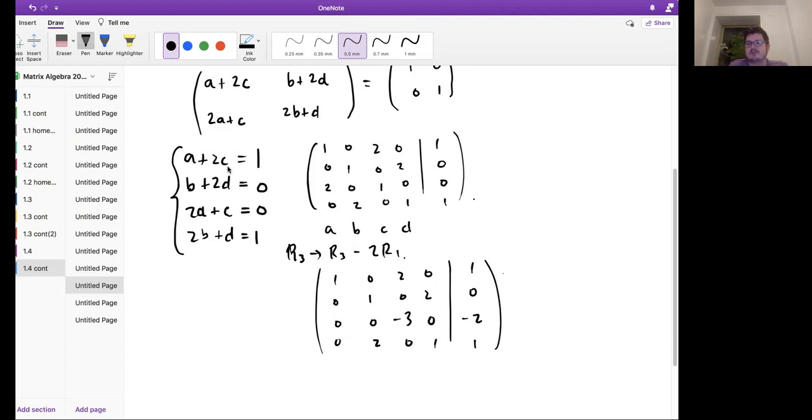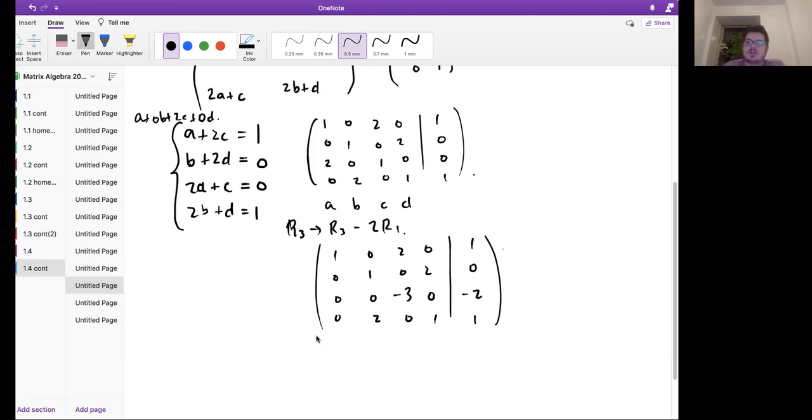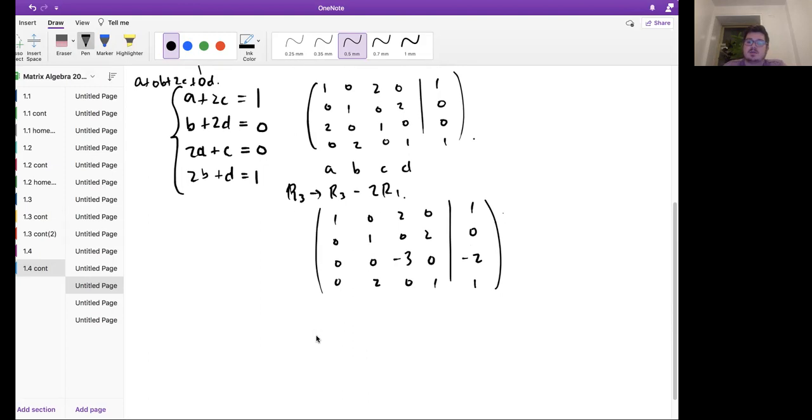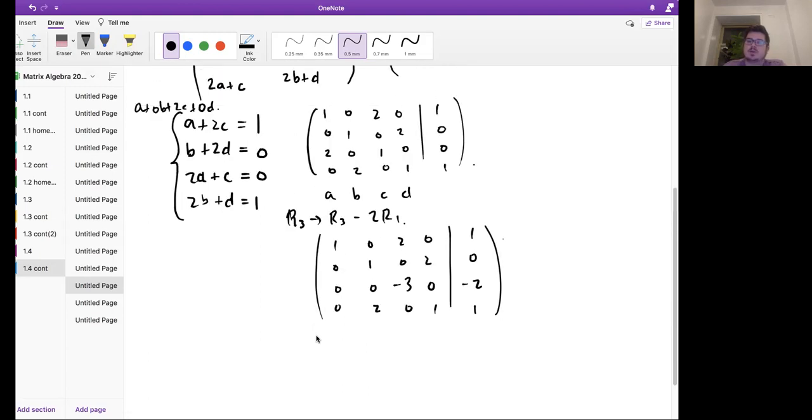In this first one. You don't see it? Yeah, so I could have 0b plus 2c plus 0d. All right, so is that better with the dimension?